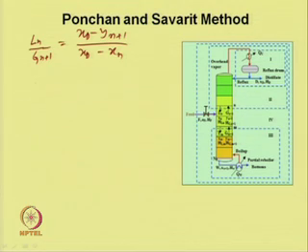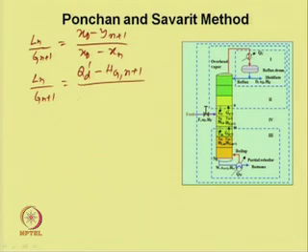Similarly, from 10.6, L_n by G_(n+1) is equal to (Q_d' minus H_G(n+1)) divided by (Q_d' minus H_L(n)).